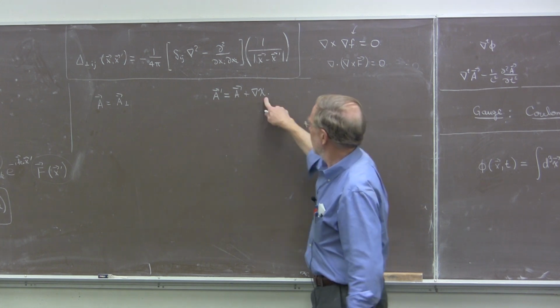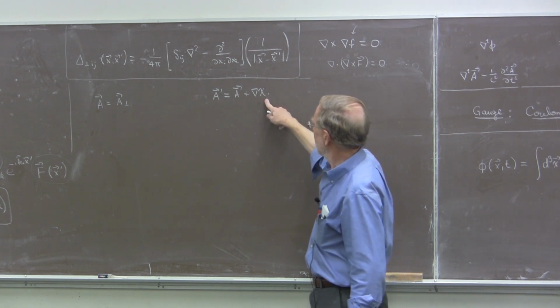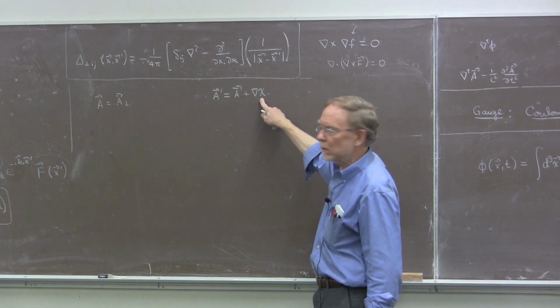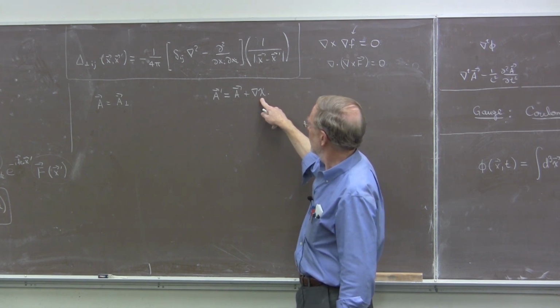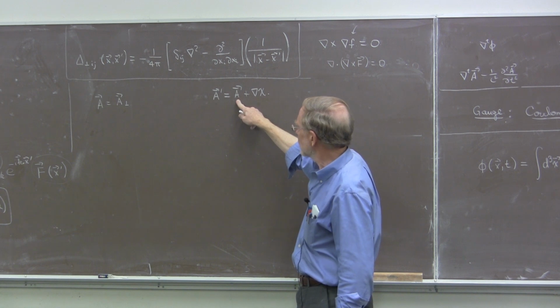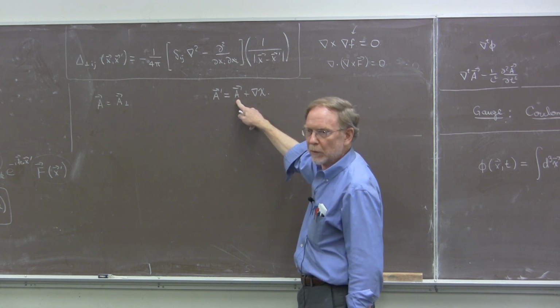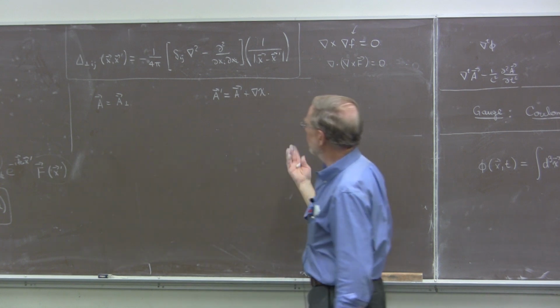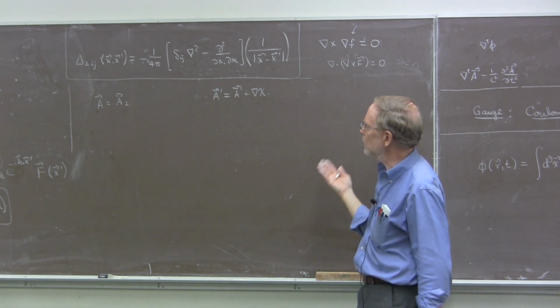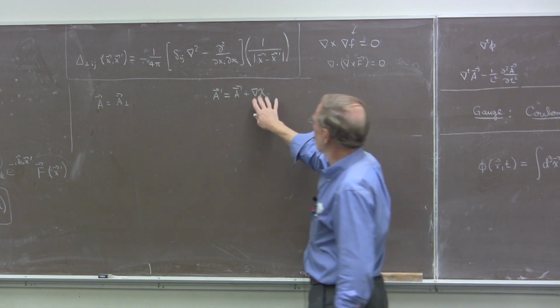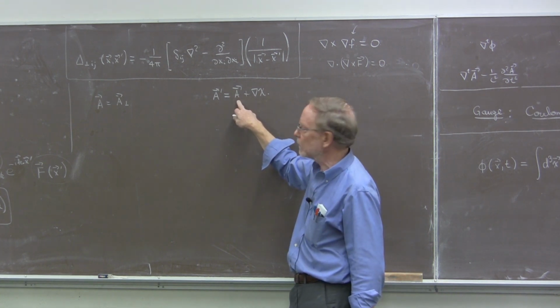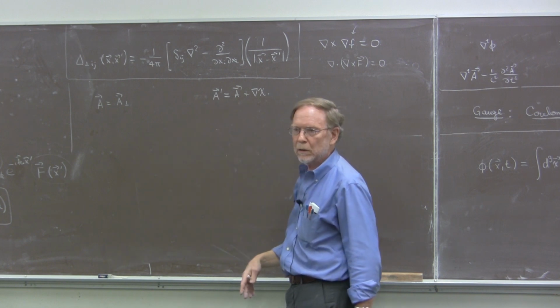So in this part of the gauge transformation, what you can see is you're taking the old vector potential and adding a new part which is purely longitudinal. This is going to change the longitudinal part of A, but it won't change the transverse part, which is all there is in Coulomb gauge. In fact, the gauge transformation that would take you from an arbitrary gauge to Coulomb gauge is finding the right chi to cancel out the longitudinal part of whatever A you started with, leaving behind only the transverse part.